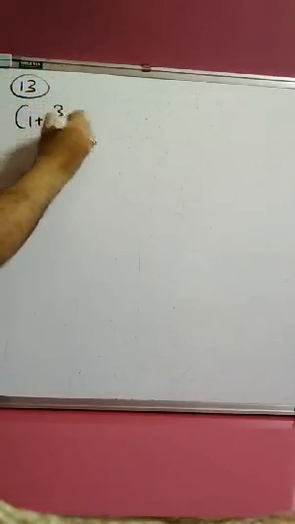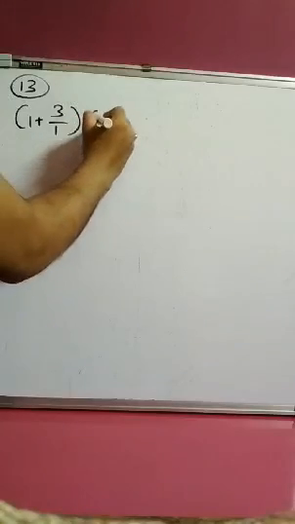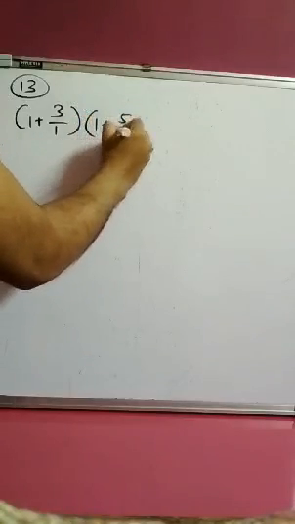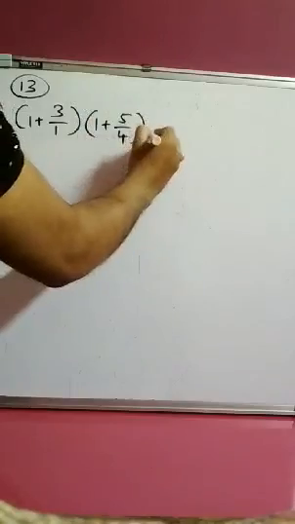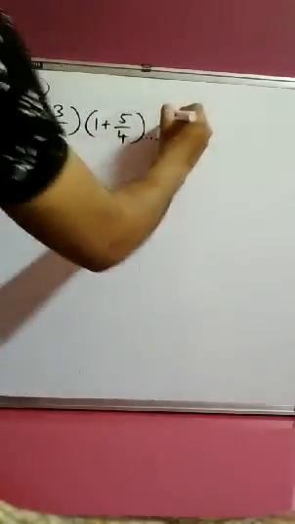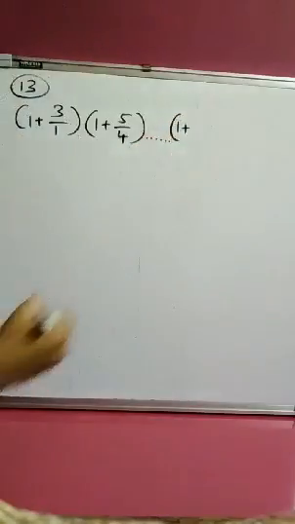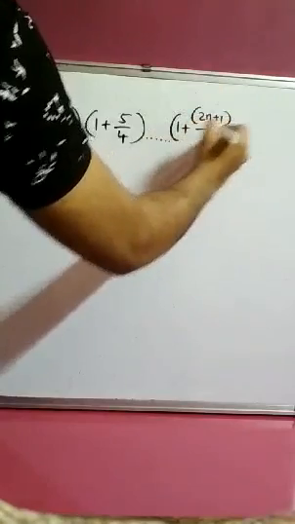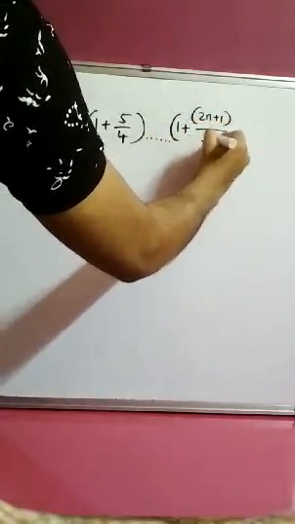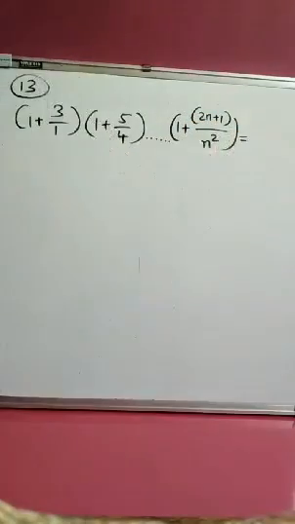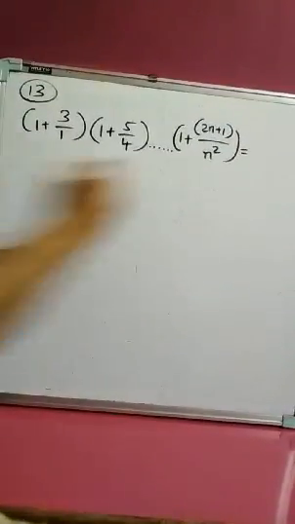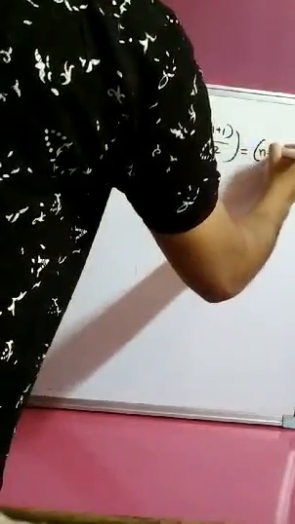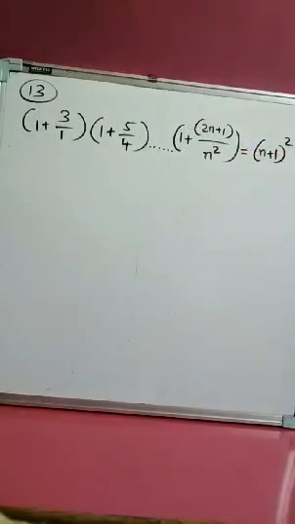One plus 3 by 1, 1 plus 5 by 4, 1 plus 2n plus 1 by n square is equal to n plus 1 whole square.